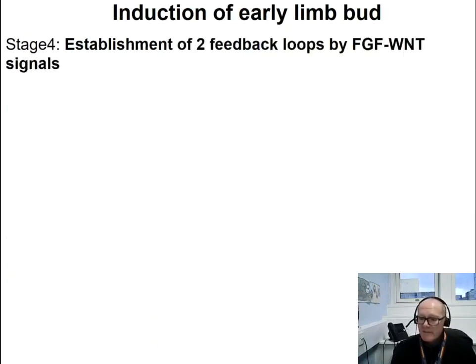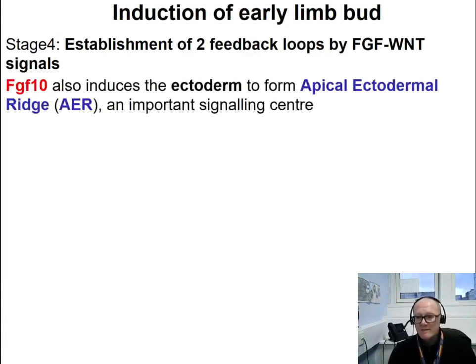And a second extremely important feedback loop is also established pretty soon. This is, if anything, even more important than the one we just mentioned, because it connects two regions of the growing limb, the mesenchymal mesodermal cells with the ectodermal external cells. In fact, the FGF10 produced by the mesenchymal mesodermal cells induces the external ectodermal cells to produce the apical ectodermal ridge, which is an important signaling center.